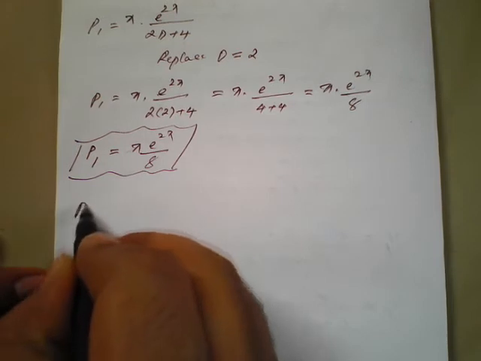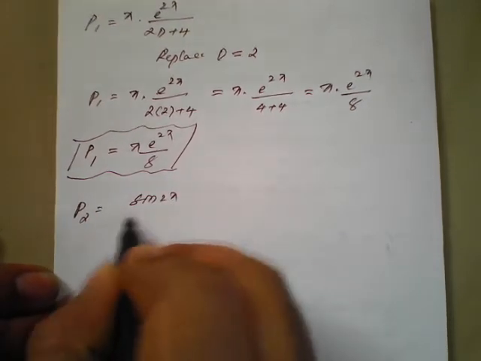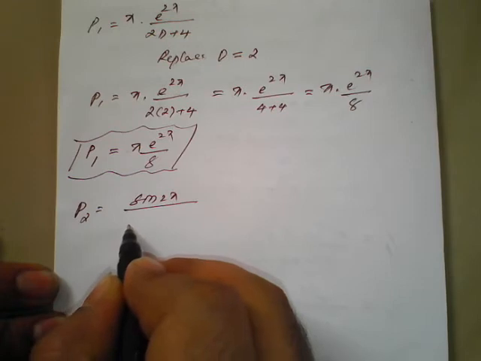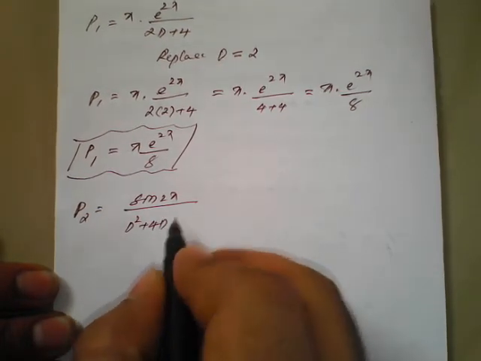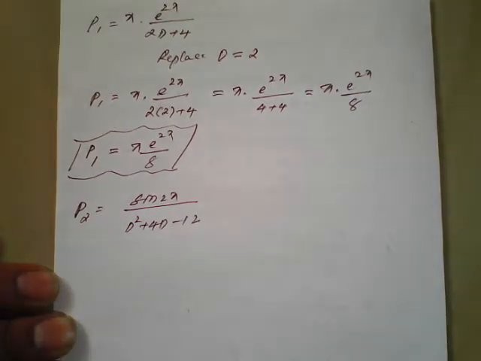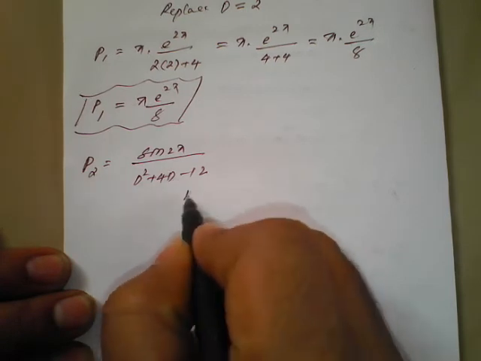Now what is p2? p2 is sine of 2x divided by d square plus 4d minus 12. So now we need to simplify. This is type 2.